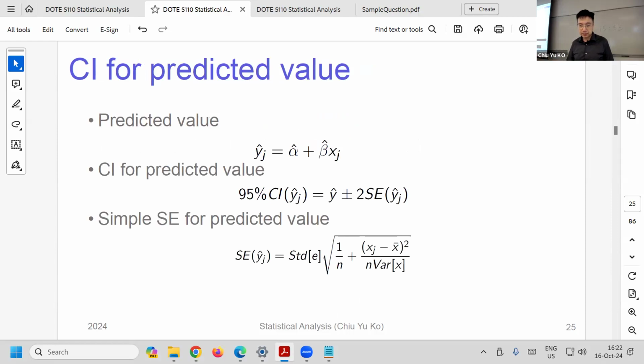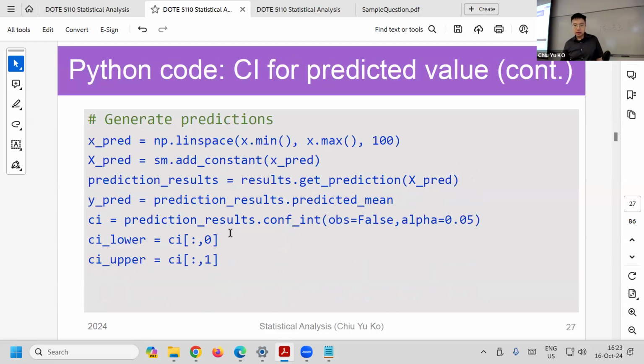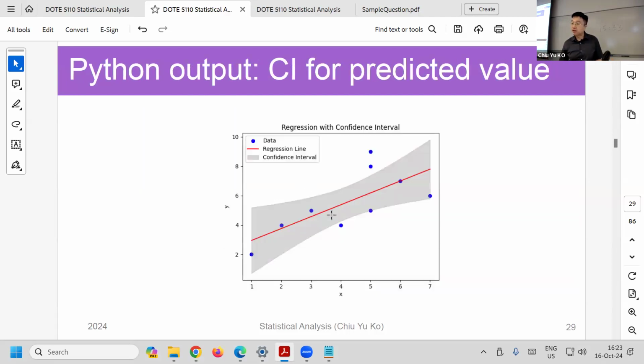So I should have a break. I shouldn't stretch on. After the break, we talk about how to use the model, because the line only gives us the mean estimate. We want to have a confidence interval for the prediction. There's an equation there, and then we can use this complicated-looking thing to generate this kind of graph.